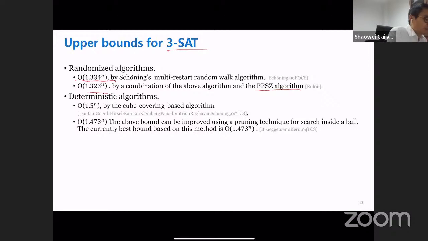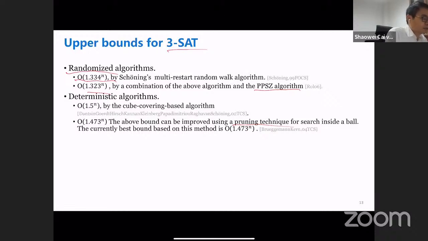And for the deterministic algorithms, the first case I just introduced belongs to randomized algorithms. And we have some skills to, for example, derandomize the random walk algorithm. And also we can have some exponential algorithms using some pruning technique. And these result in 1.5 to the nth power and 1.473 to the nth power.